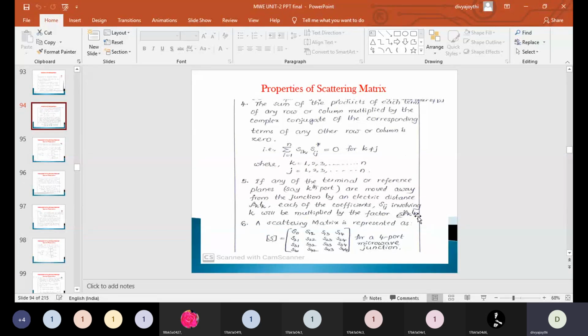So the coefficients related to the port that was removed should be multiplied with this particular factor. That is about the fifth parameter.